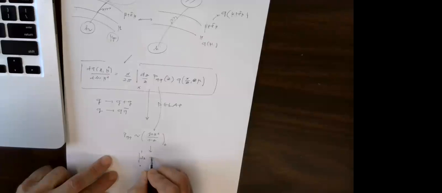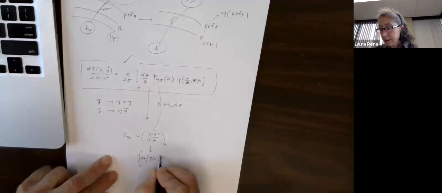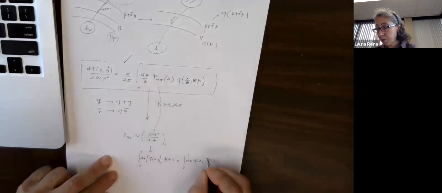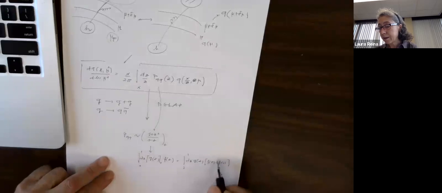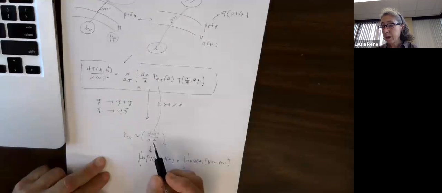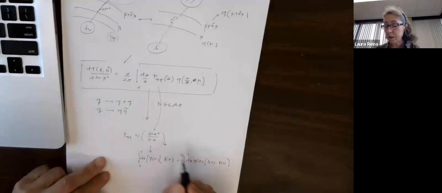If I have a function of z that has a smooth behavior, the plus distribution is defined as the integral over dz of g of z, which is of singular form, but multiplied by f of z minus f of 1. So I basically subtract the singularity of g of z by the smooth behavior of the function that the distribution is integrated over. This is the meaning of this plus distribution.